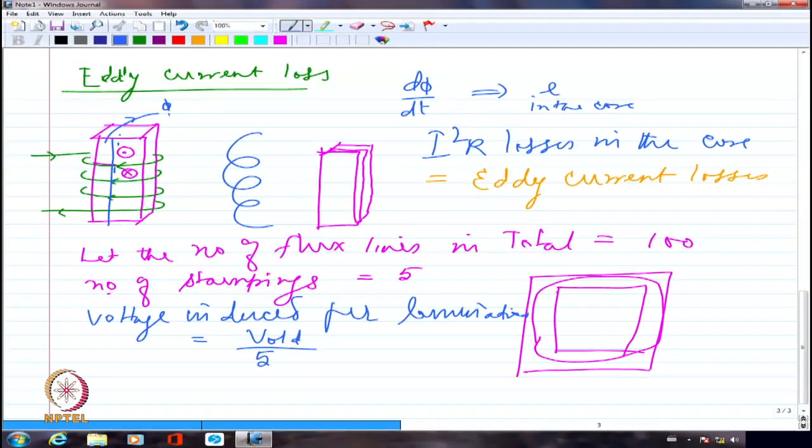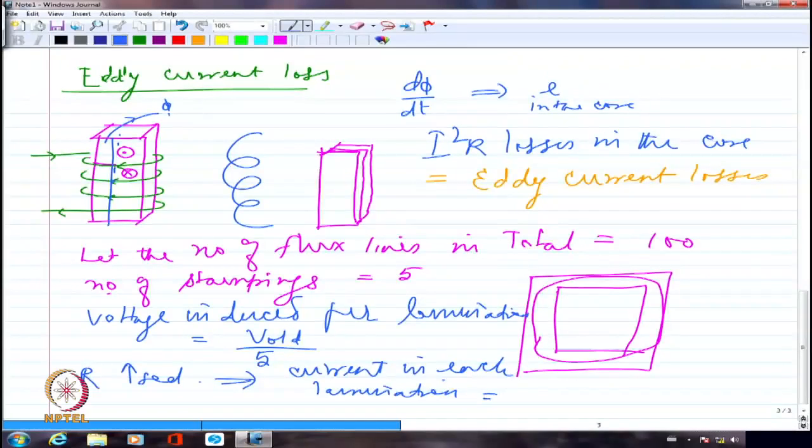So I am going to have resistance increased overall, because of which the current in each lamination will be decreased by a factor of, first of all, 1/5 and also by a factor of how much the resistance has increased. So I am going to have definitely the overall current decreased.